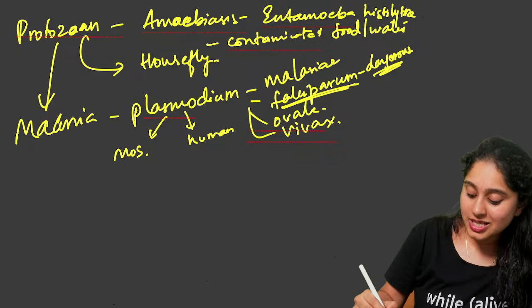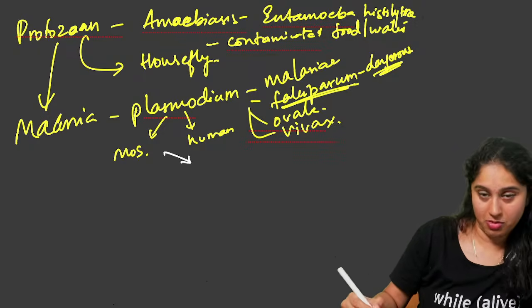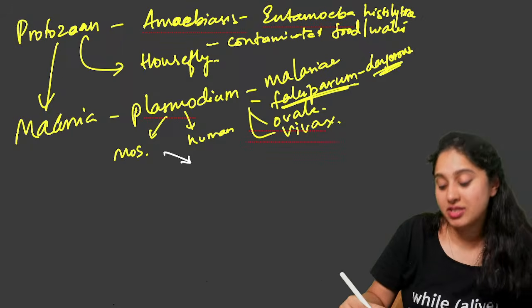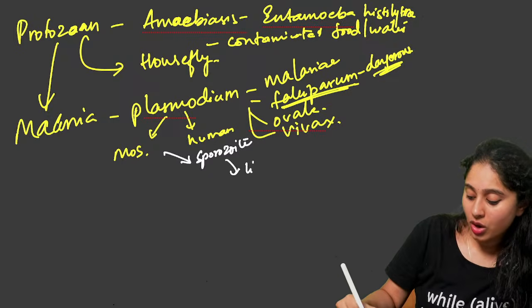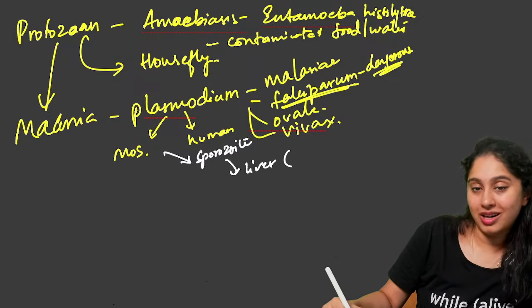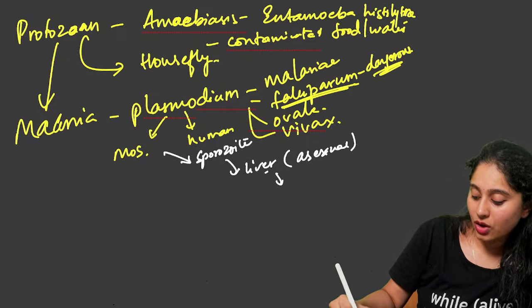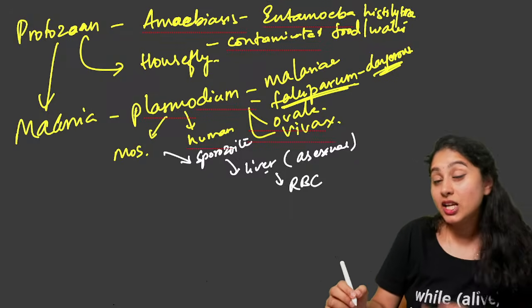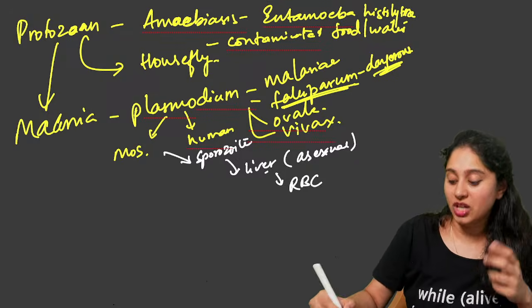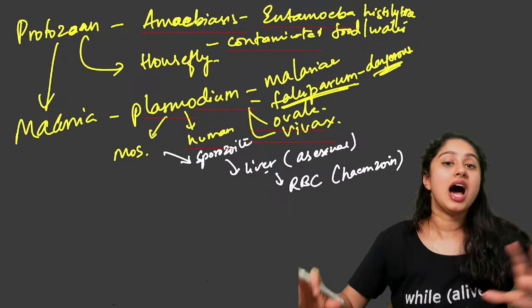It enters humans in the most infectious stage, called the sporozoite. It goes to the liver, damages it, and undergoes asexual reproduction. Again it bursts the liver cells and goes to the RBC, where it utilizes the hemoglobin and makes something called hemozoin, and it bursts the RBC also.